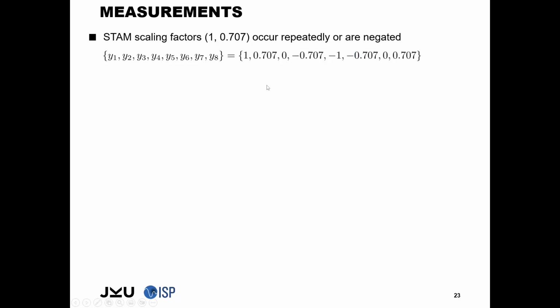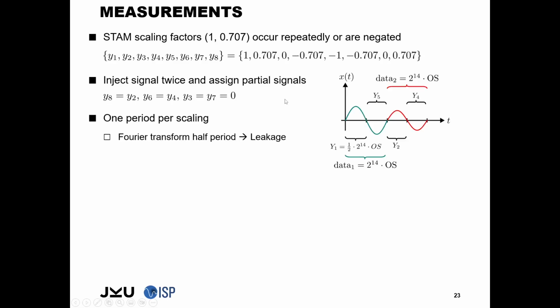So now I want to talk about how we implemented the stimulus. As I told you before, we just need one attenuation of minus 3 dB and then repeating or negating them. And our first approach was to input one period for each scaling and then assign the signals smartly, as shown here.